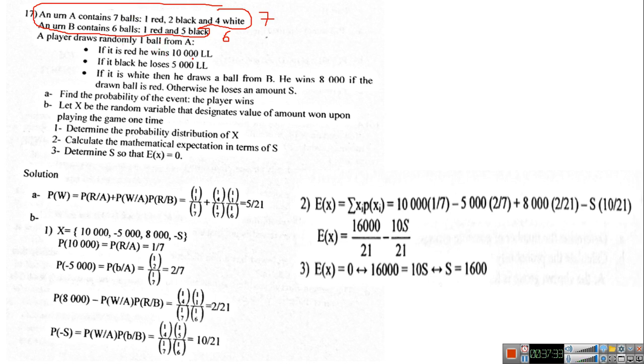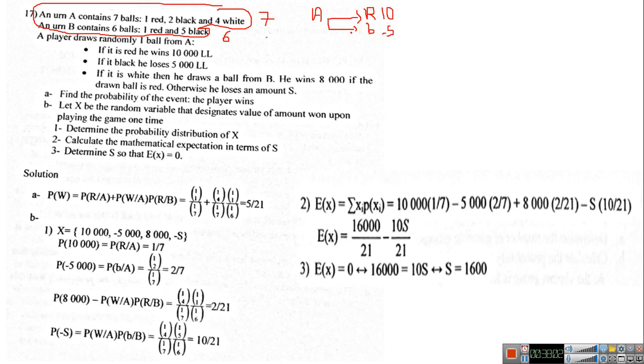If it's red, he wins 10,000. If it's black, he loses. So we're going to start. He starts from A. If he gets red from urn A, he gets 10,000. If it is black, he loses 5,000, minus 5.